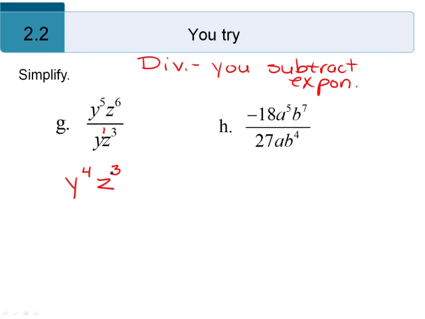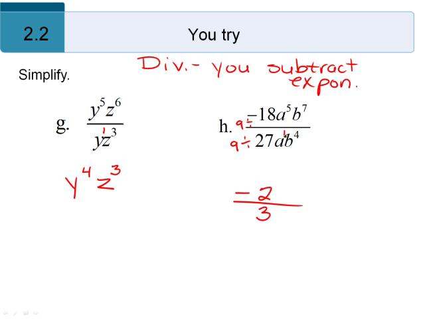Okay? Now, on H, what you have, you can't divide 18 by 27, but you can reduce both of those by 9. 9 will go into both 18 and 27, so that would give you -2 thirds. Okay? Now, you're going to subtract the exponents on the variables.